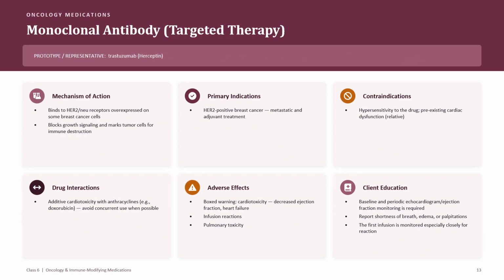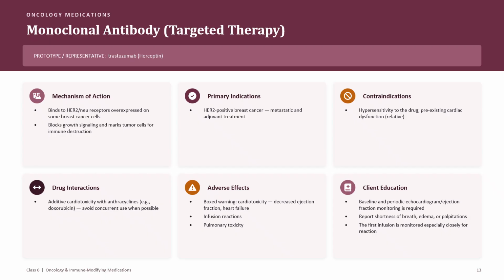So we will move into the monoclonal antibodies, and these are the targeted therapies. Trastuzumab is genuinely a different kind of medication from everything we've covered so far. I want you to just notice that shift. Everything before has sort of attacked any rapidly dividing cells, whether cancerous or not.